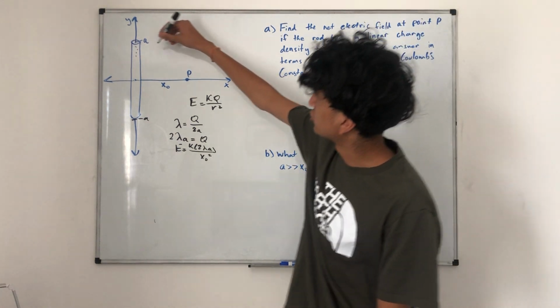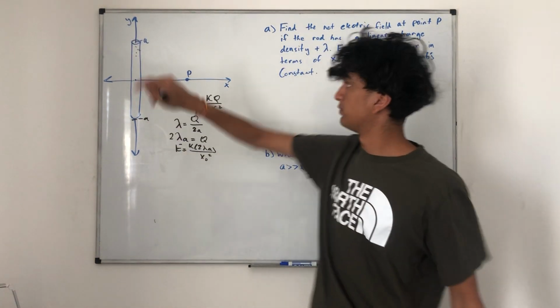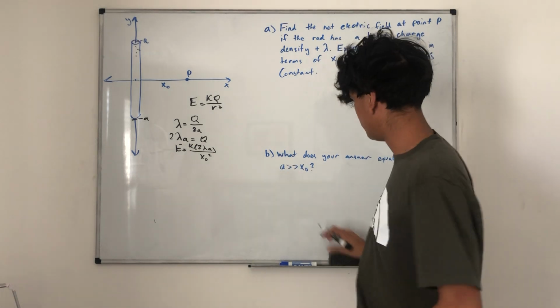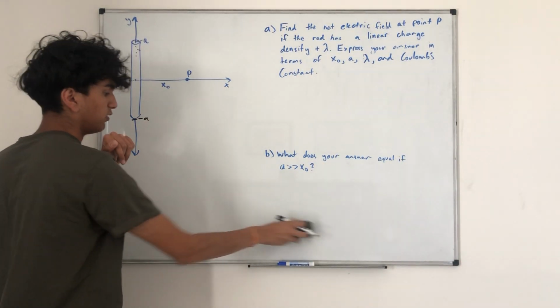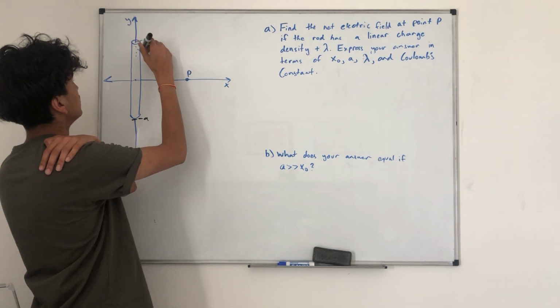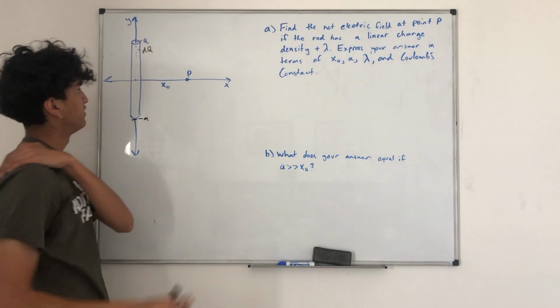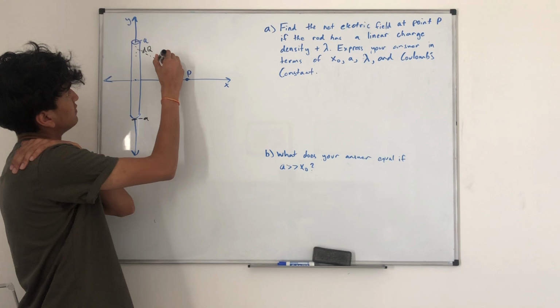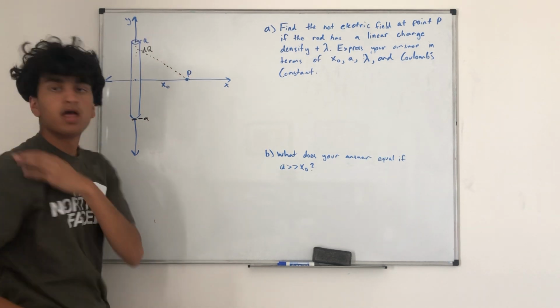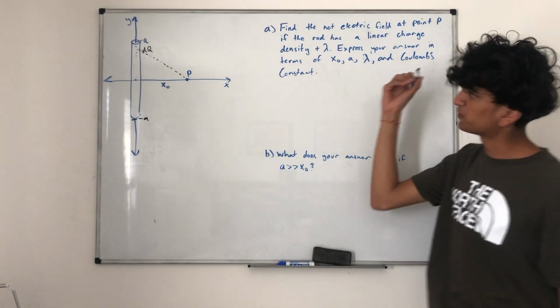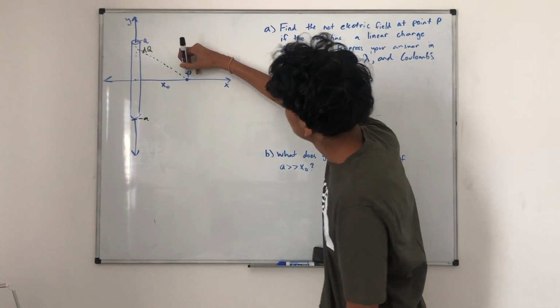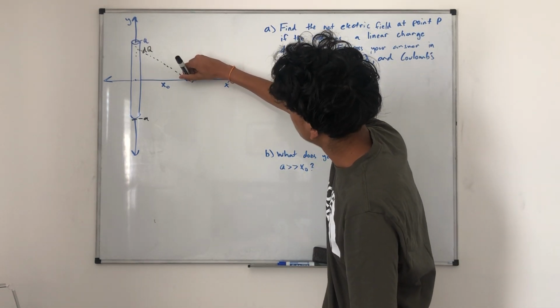So let's say there's a point charge right here, right at the top of the rod. We can call that dq, a very small amount of charge. And that's a certain distance from point P, and it is going to create a very small electric field this way.